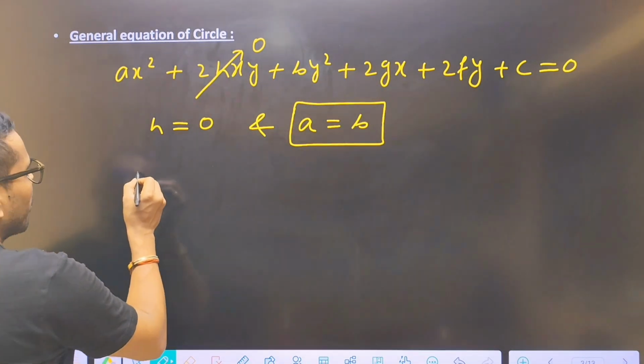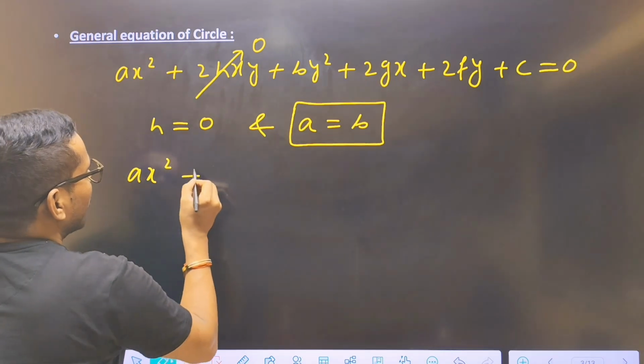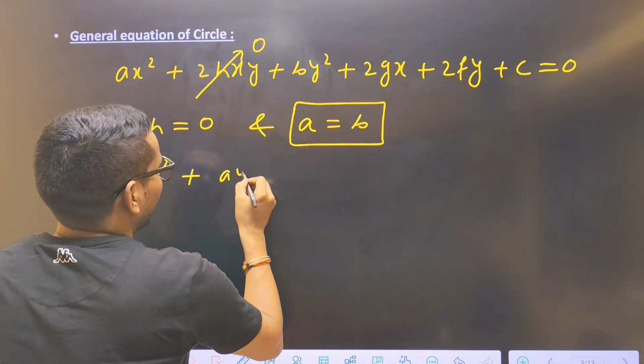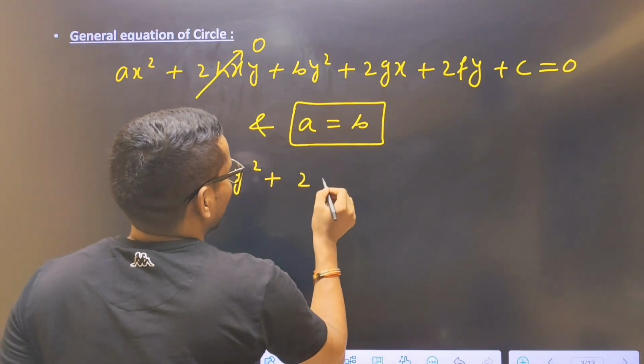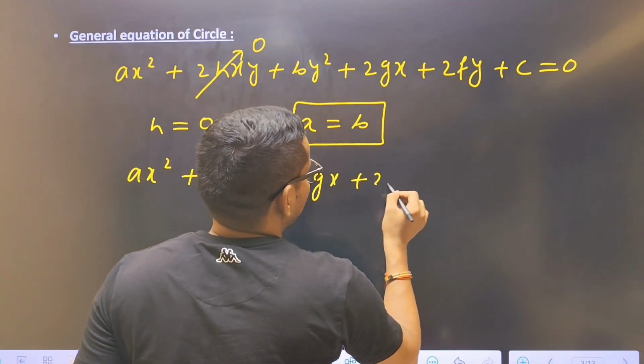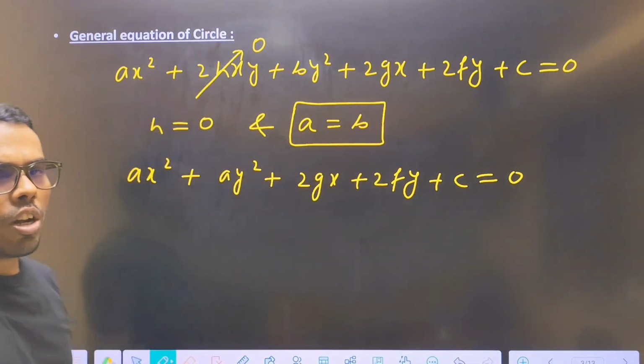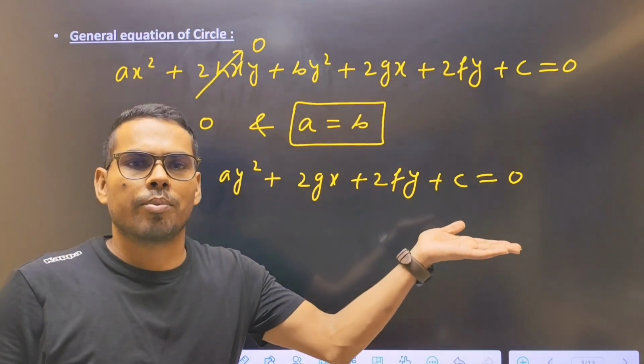It means we can write ax square plus ay square plus 2gx plus 2fy plus c is equal to 0. Now this can represent a circle.